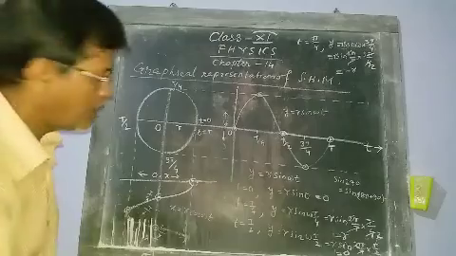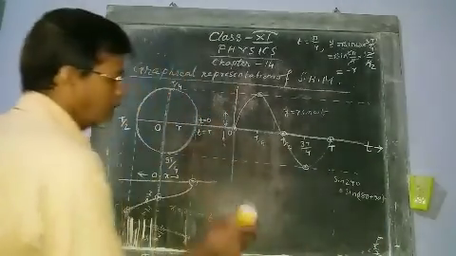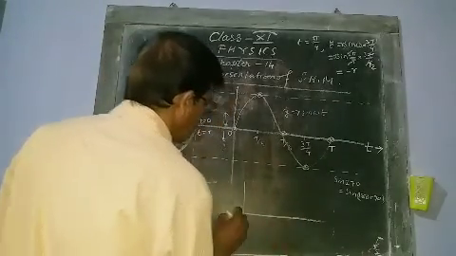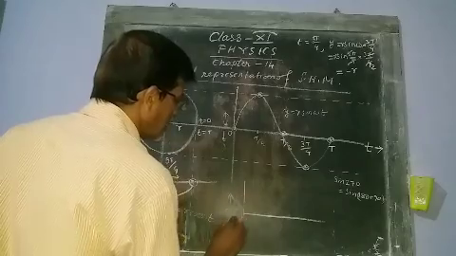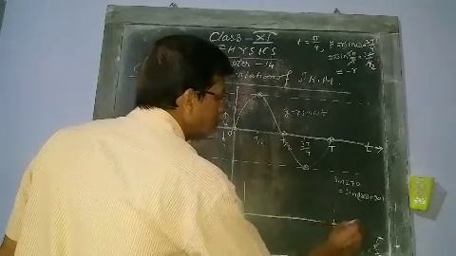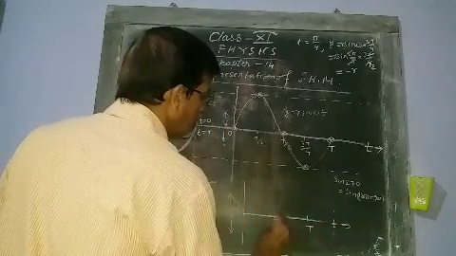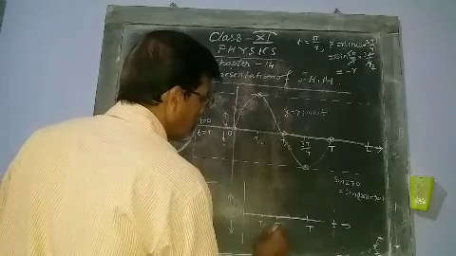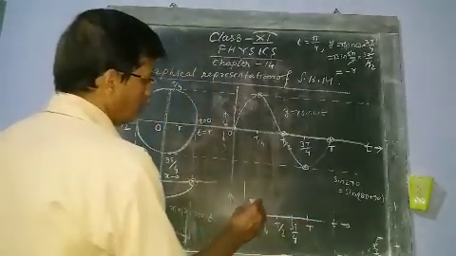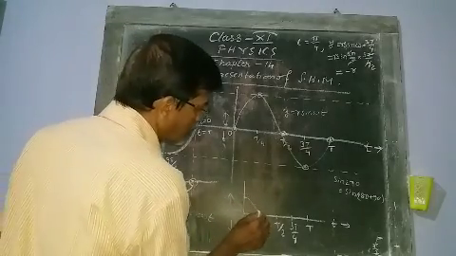If you represent this graph, it will be like this way. So this is x, with T by 2, T by 4, 3T by 4. Say this is maximum displacement, so the graph will be like this way.